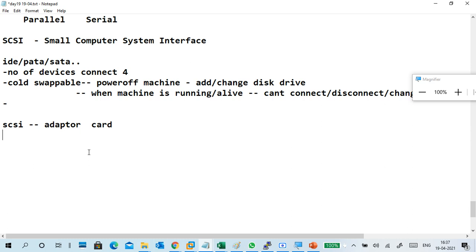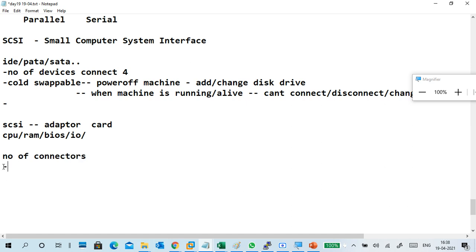On the SCSI card itself there is a small CPU, RAM, ROM meaning BIOS, and IO controllers, and mainly a number of connectors we can get.